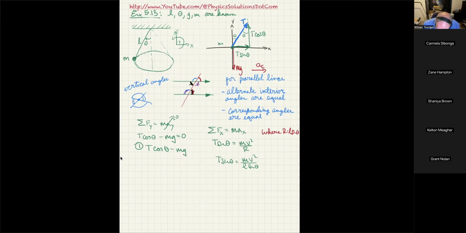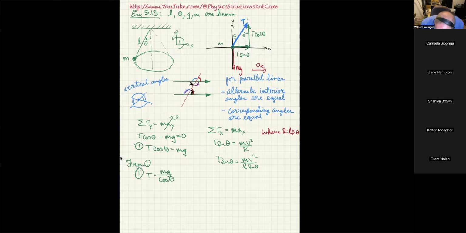And in fact, we can take equation 1. From 1, we find that the tension is equal to mg over cosine theta, which I'll call 1 prime. And we can go back and plug that into the other equation if we so desire.